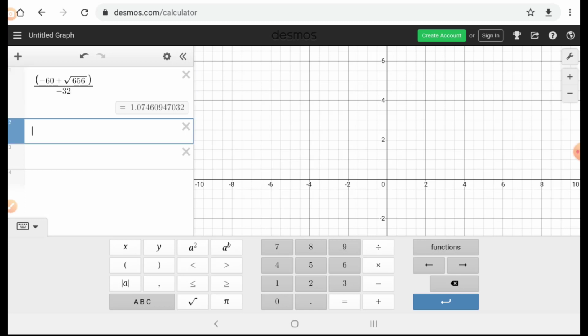And the next answer, I want the same thing. So let's plug that in. So negative 60. But this time I want the minus. Remember, it's a plus and a minus, so I'm going to subtract this time. Plus and minus. And the square root, 656. And I want all of that divided by... Something happened.